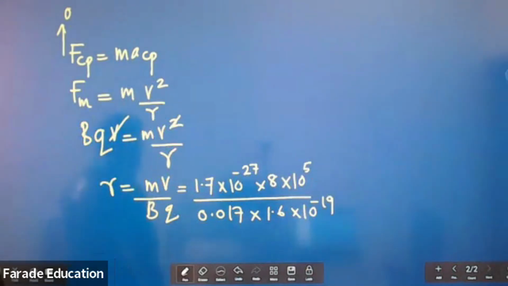Now simplify the relationship. Once you simplify it, you will get the answer.